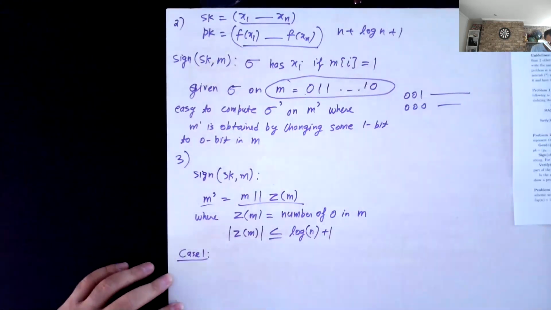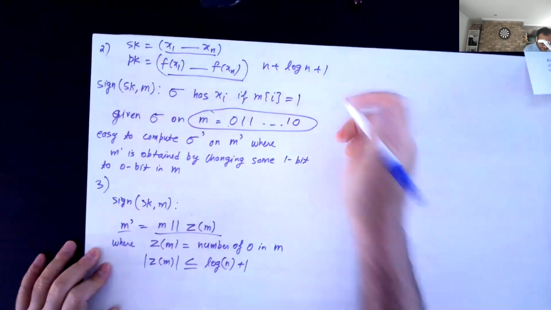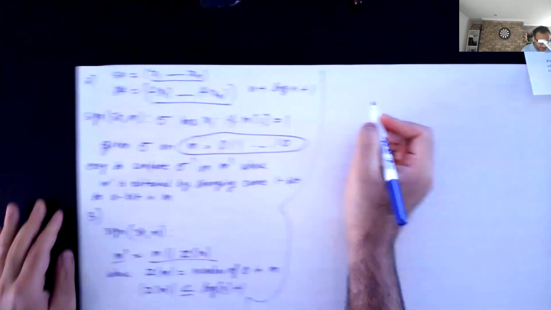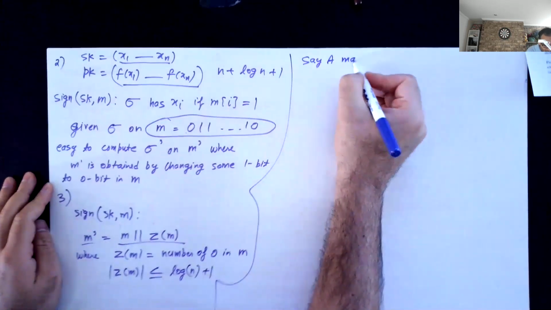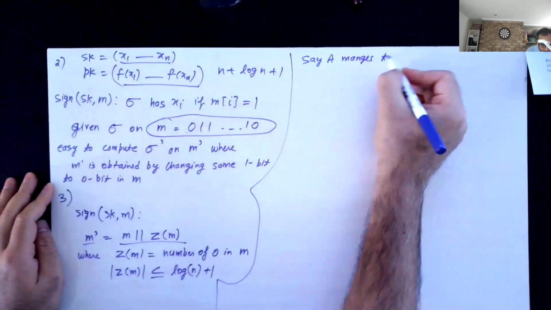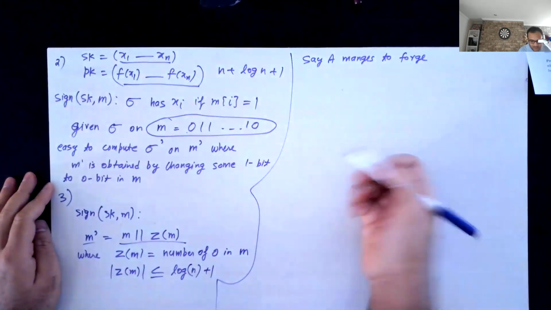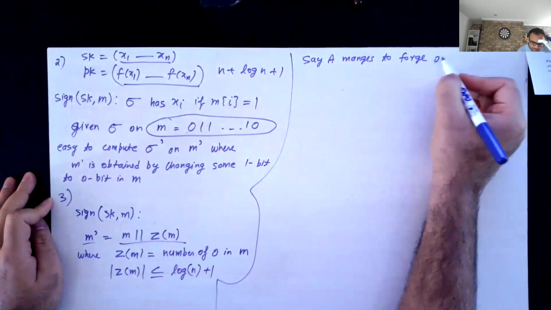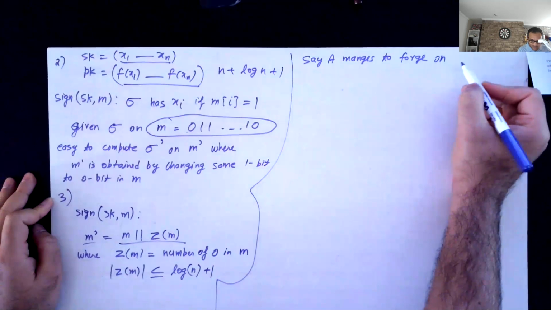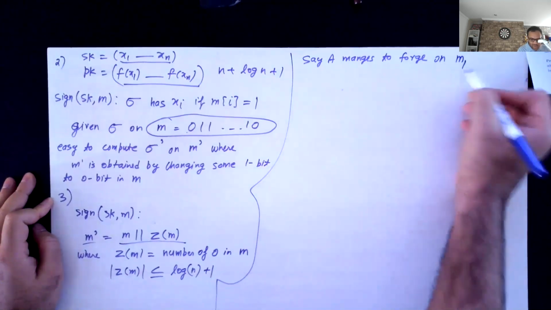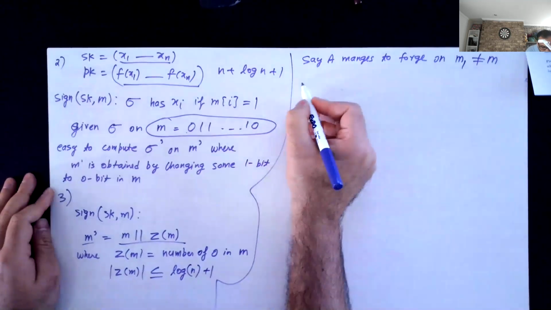So maybe let's try to do it by contradiction. Say adversary manages to forge, right, on some message, let's call this message now m1, which is not equal to m. Now we have two cases.